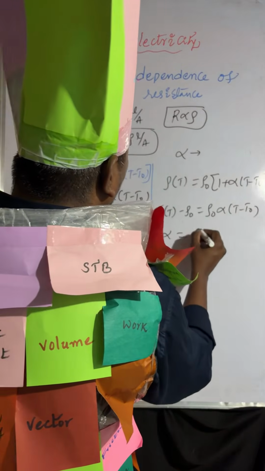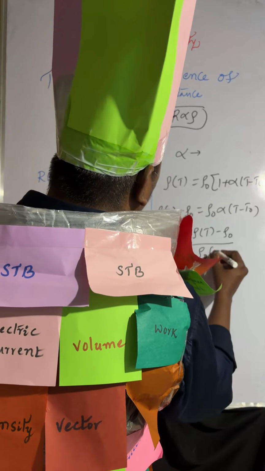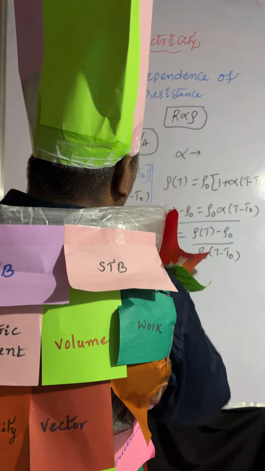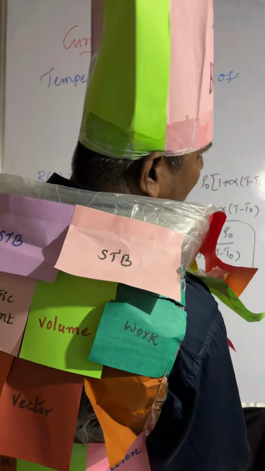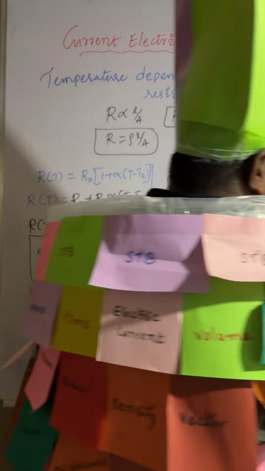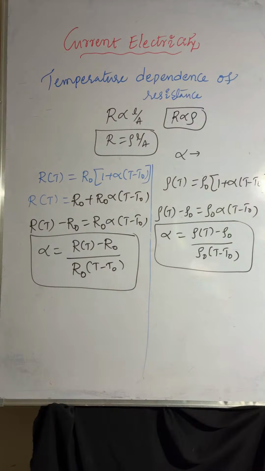Then alpha equals (rho_T minus rho_0) by rho_0 into (T minus T_0). I hope it is very clear. Understood or not? This is about the temperature dependence of resistance, and resistivity also. You can check once. Next one, Ohm's law.